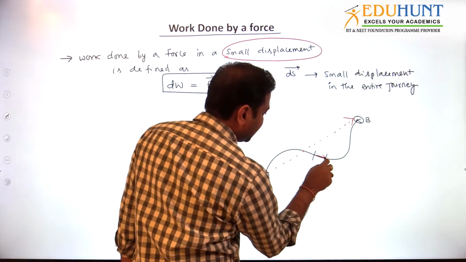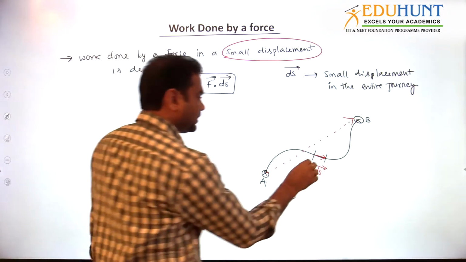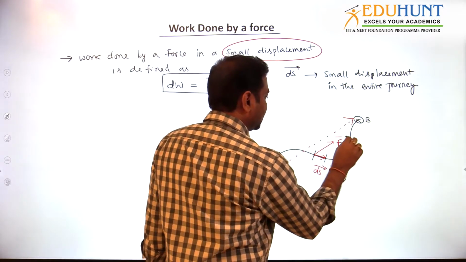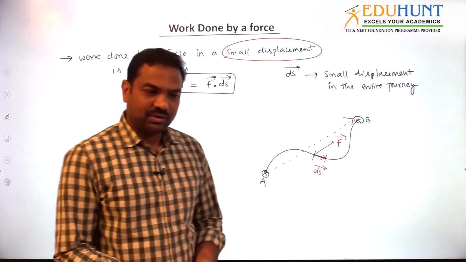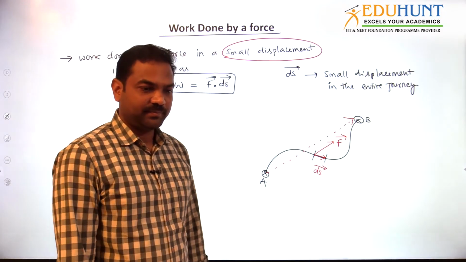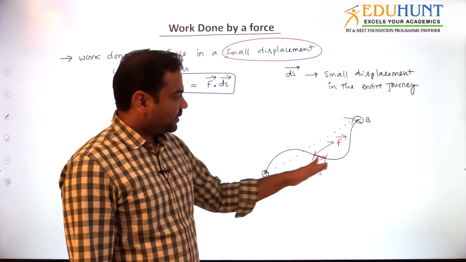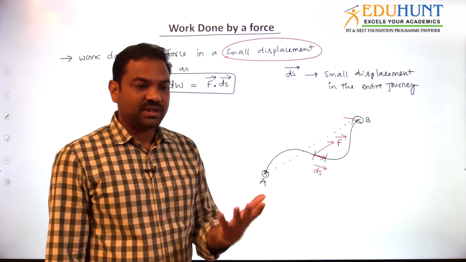In this, the displacement vector is ds vector. Here the force vector is F bar. So why are we taking the small part? Because there is no rule that from A to B the same force should act. Force may change in between. As the object is moving from A to B, there is no need that only constant force will act.